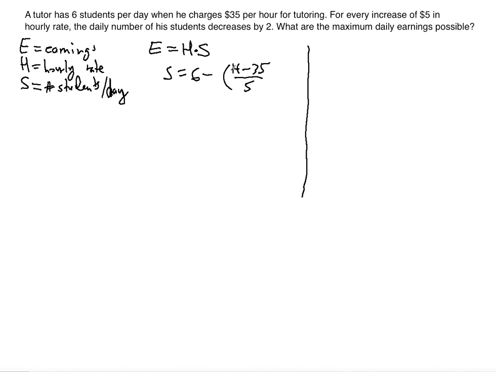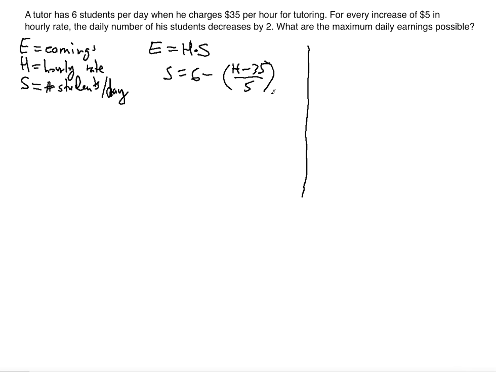Because suppose that H is equal to 40. The new hourly rate is 40. Then you will have a difference of 5, and dividing by the 5 will give you the number of these increases of 5, which is 1, right? Because if he increases by $5 only once, the hourly rate will be 40. So it makes sense to divide by 5 to get the number of these $5 increases in the hourly rate.